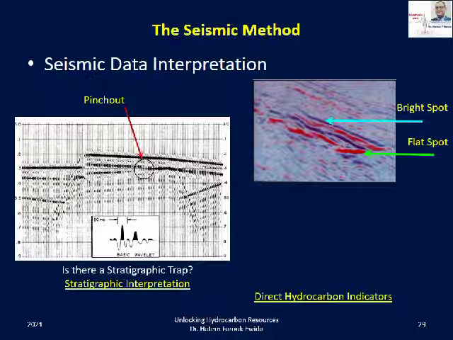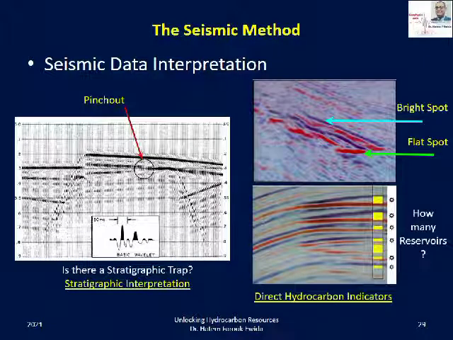It does not reflect any rock boundary, but it reflects the hydrocarbon-water contact. This means that in this picture you see the top of the reservoir, which is a bright amplitude or bright spot, and you see the hydrocarbon-water contact, so you can calculate the volume of your resources. So imagine how many reservoirs you have here. All these yellow rectangles represent reservoirs in the subsurface.